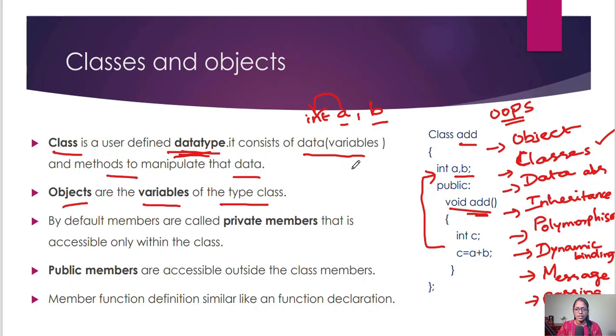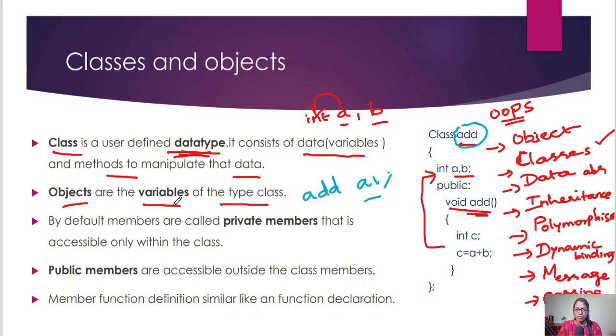Similarly, class add. Add is a user defined data type. I defined the data type add. Now I am creating a variable for the class, that is add a1. So add a1 is called an object.